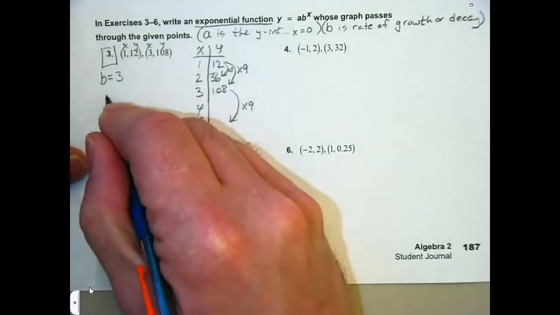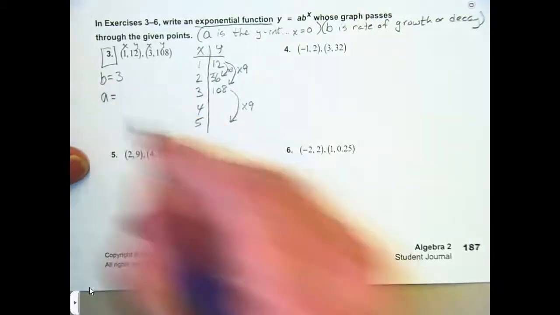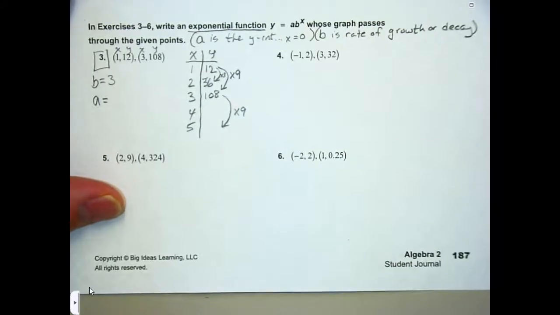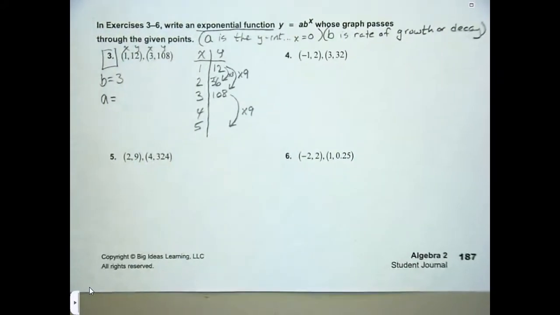How could I find A? Tell your neighbor how you can find A. Plug in the number. Plug in the points. Okay, so I can personally see two different ways. I can actually see a few different ways to find A, but two specific ways I'd hope you would see from here.